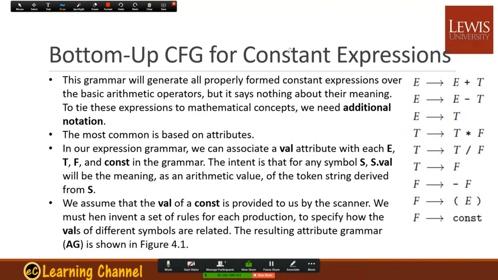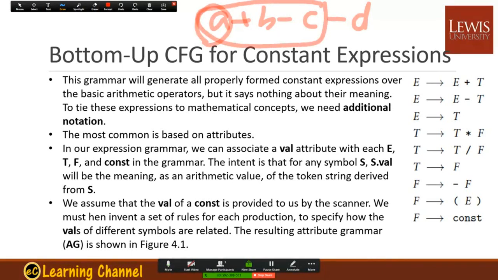We have this, A plus B minus C minus D. So the whole thing here can be an expression minus T, and this T actually is a factor as well, and then this is the D, right?